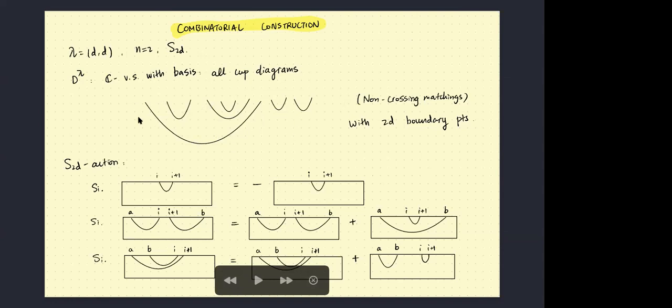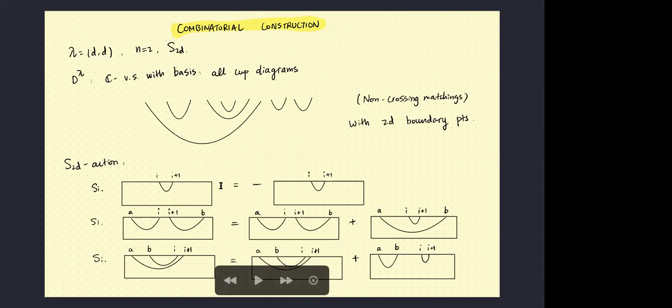So these are the basic combinatorial tools we use to define the Specht module in one construction. Okay, so my vector space corresponding to this partition D comma D would be the one with such a basis given by all such diagrams. And the action of the symmetric group is given by a case-by-case scenario. So when we do this construction, we forget all the SLN web machinery, even though we will start remembering it in a few slides.